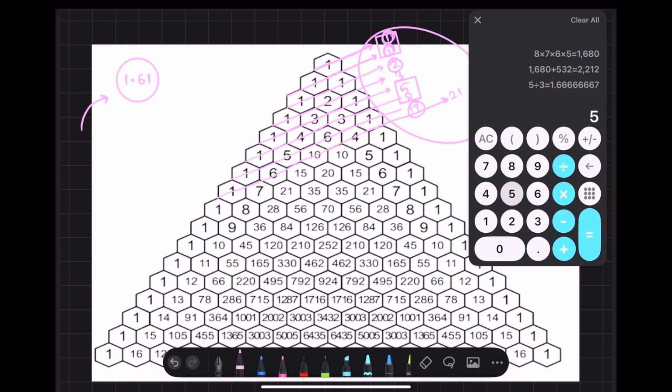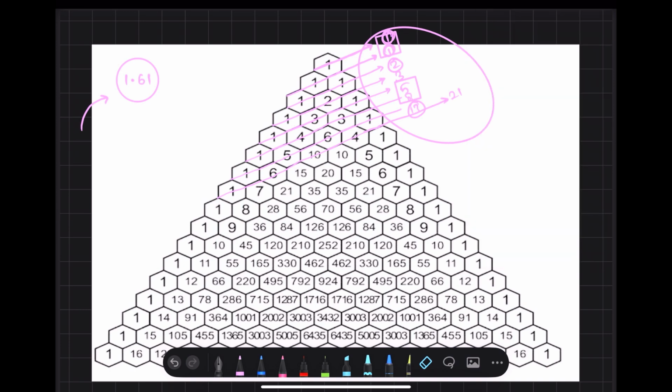Now 5 by 3, look at this, 1.66. Now 8 by 5, 1.6. 13 by 8, 1.625. If you keep going this way, you will find the number is saturating towards 1.61. So this is the golden ratio.